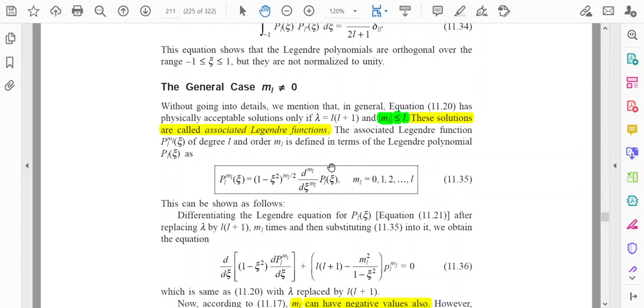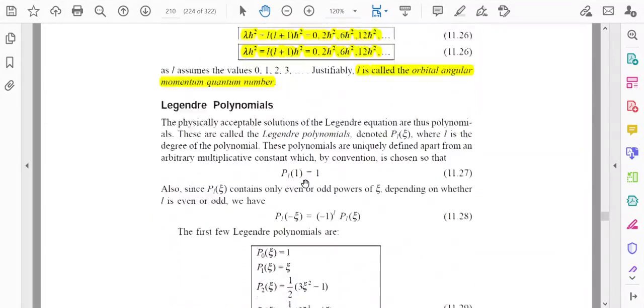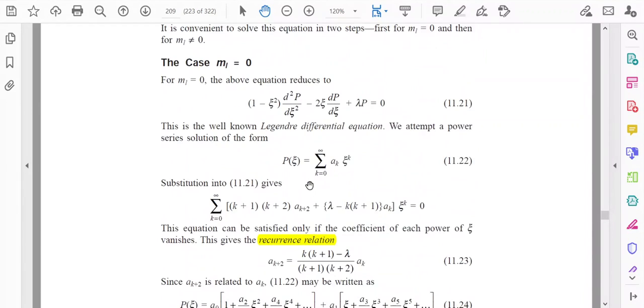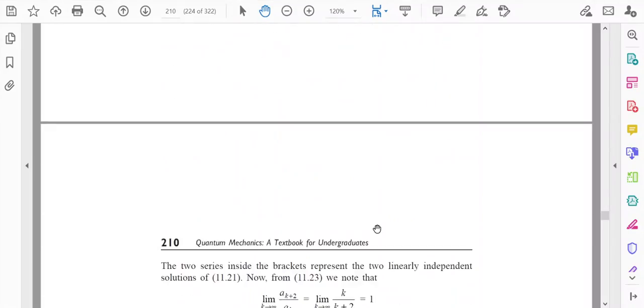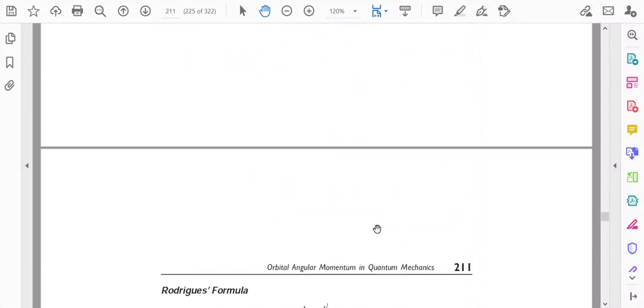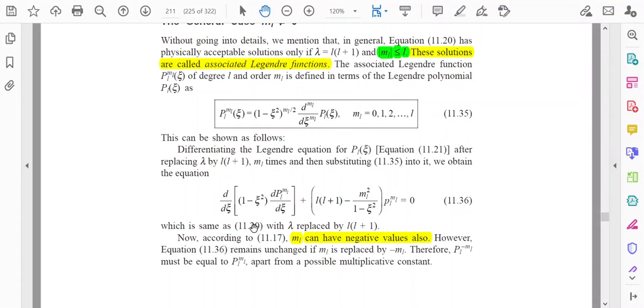Now using this relation and from the relation 11.21, that is this equation, if we use the relation and substitute in 11.21, then we can obtain this equation, equation 11.36. Here we are skipping the detailed mathematical derivation. For the detailed derivation, I request you to go through some standard mathematical physics textbook.